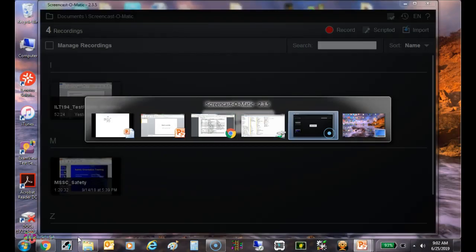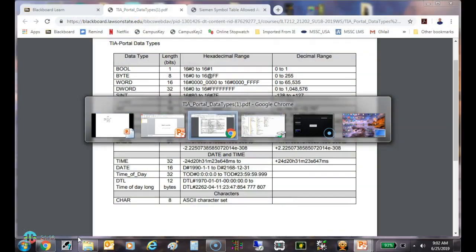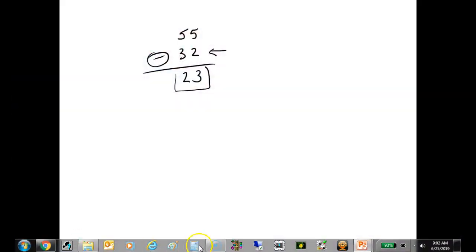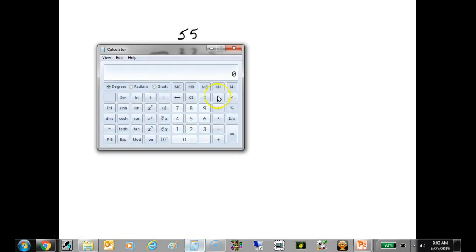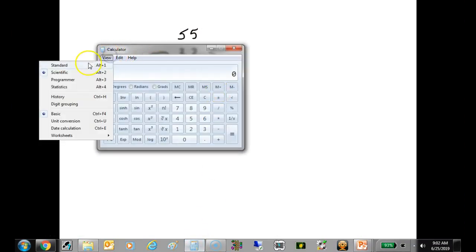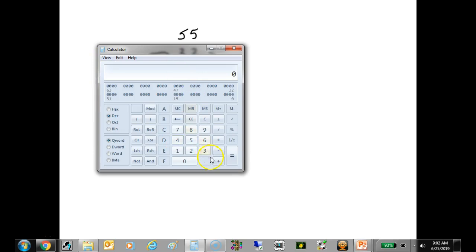Yeah, y'all can do it longhand, but let's use a calculator. So I'm going to switch my calculator over to programmer mode, and I'm going to enter 55 and convert that to binary. So that's going to be 110111.